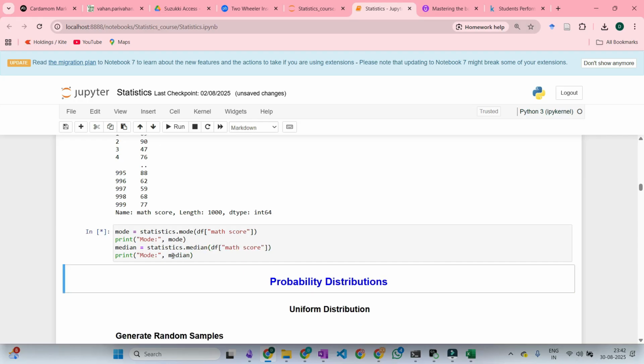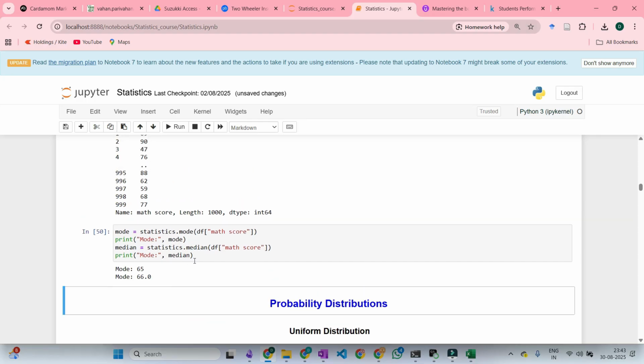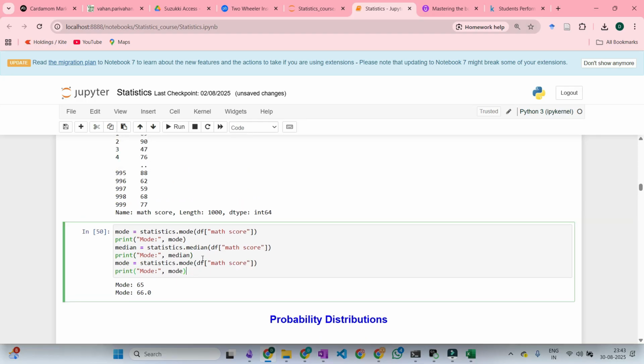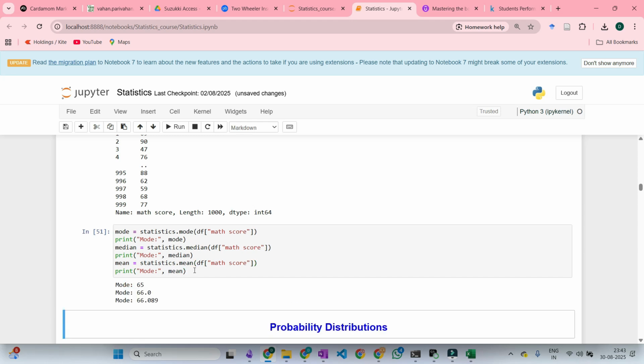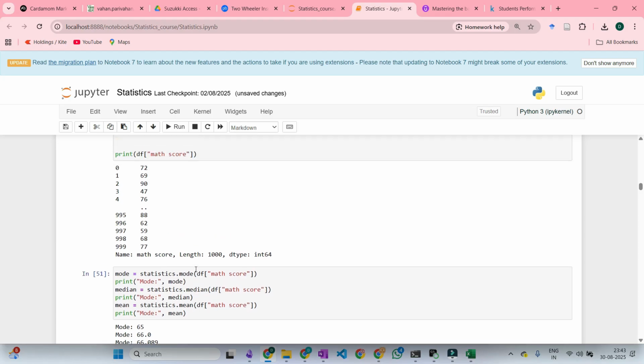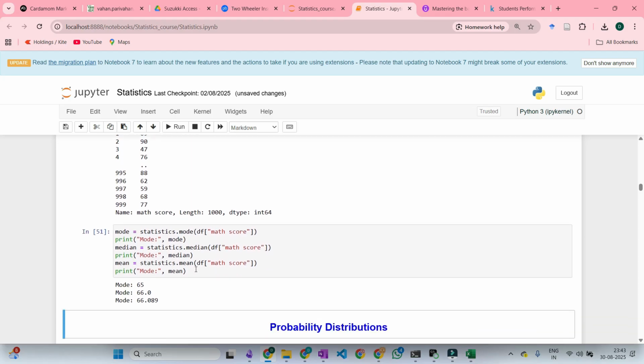The median value is 66. And what is the mean? Okay, let us find the mean, and the mean is 66.089. So you have got an idea that it is close, right? You can see that the mean, median, mode, etc. are quite close.